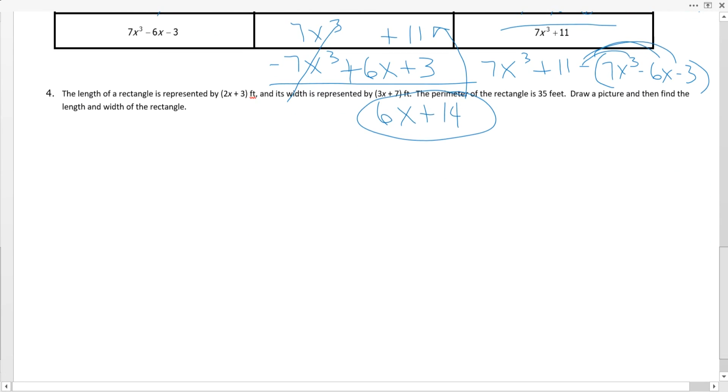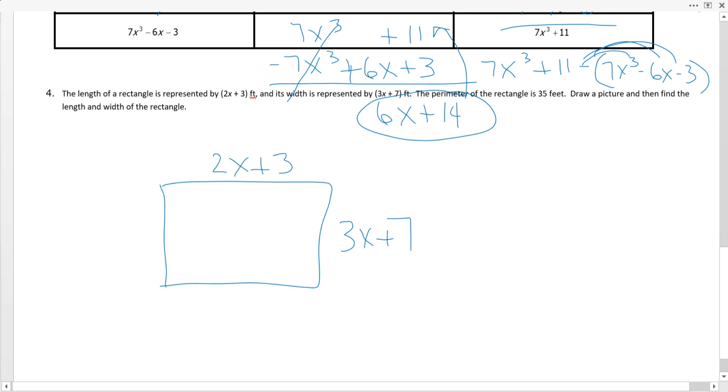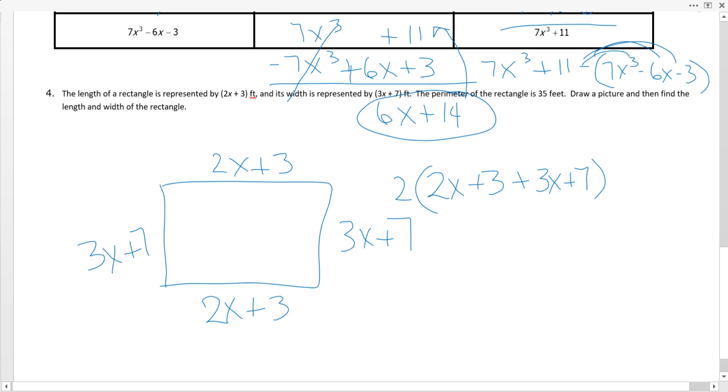That's all we're doing. Okay, so I'm going to draw my rectangle because I'm going to have to do the length and the width. So if the length is 2x plus 3 and the width is 3x plus 7 and the perimeter is 35, that means I have 2x plus 3 plus 3x plus 7, and the whole thing is times 2 because there's 4 sides, 2 of each one, and that equals 35.